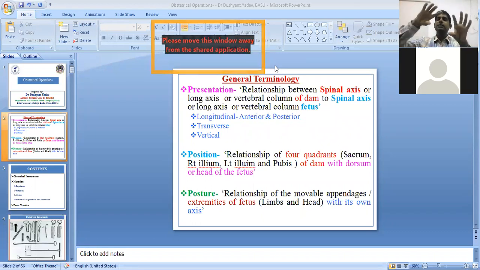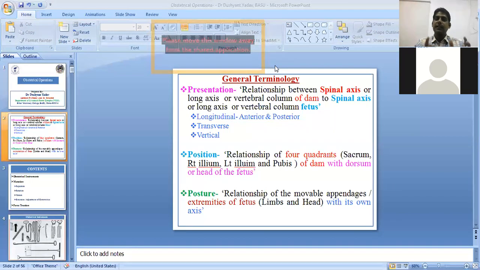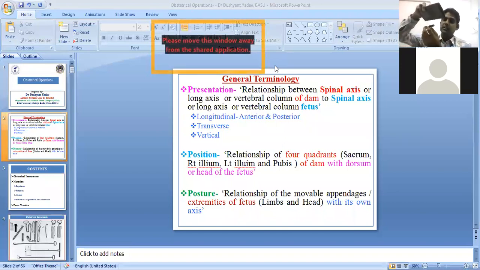The relationship of the four quadrants of the dam with the dorsum or the head of the fetus. Dorsum means the vertebral column. The relationship of the vertebral column with the four quadrants of the dam is called the position. How the fetus is residing inside the dam, that is called position.